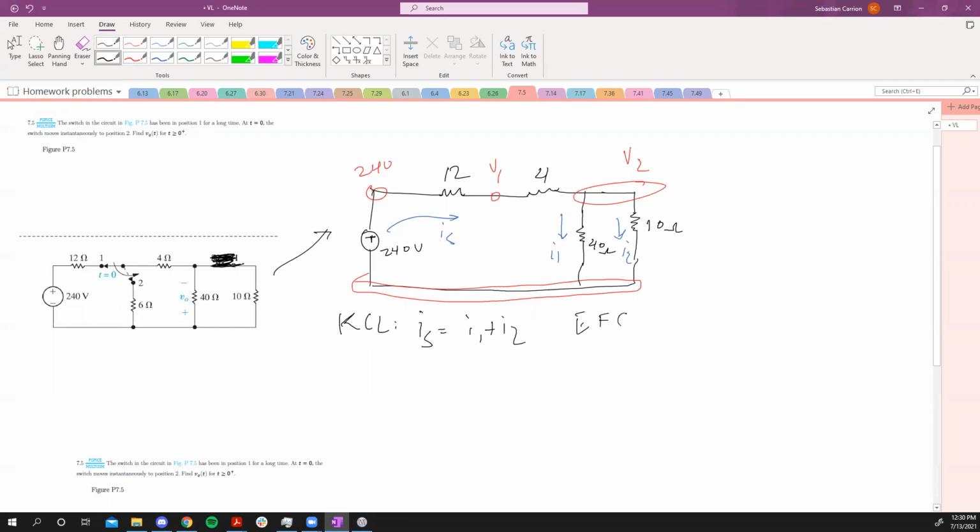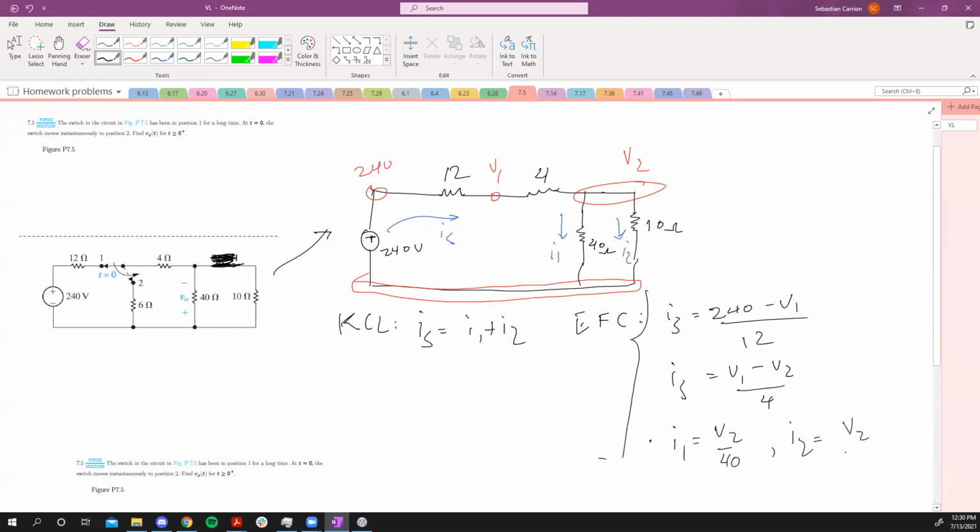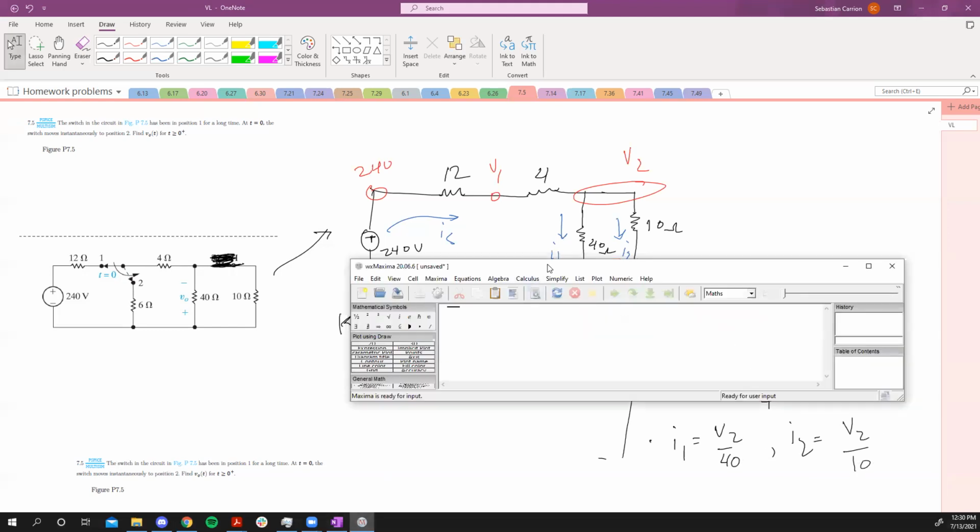And then your element equations: IS is equal to 240 minus V1 over 12, right? IS is also equal to V1 minus V2 over 4. I1 equals V2 over 40, and then I2 equals V2 over 10. Okay, and then we can plug this into Maxima.